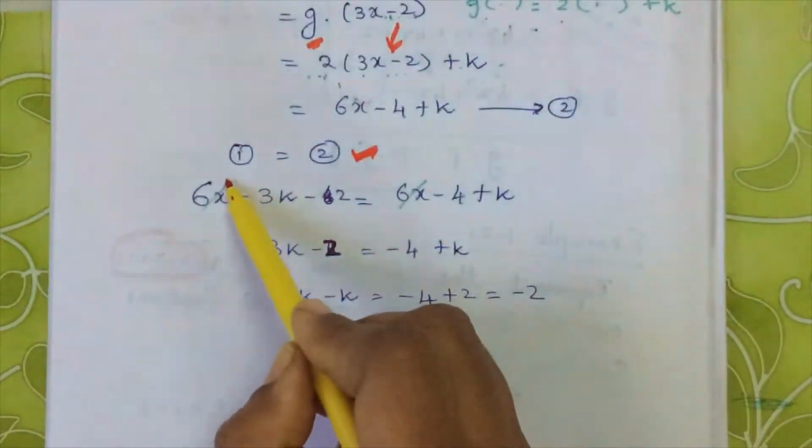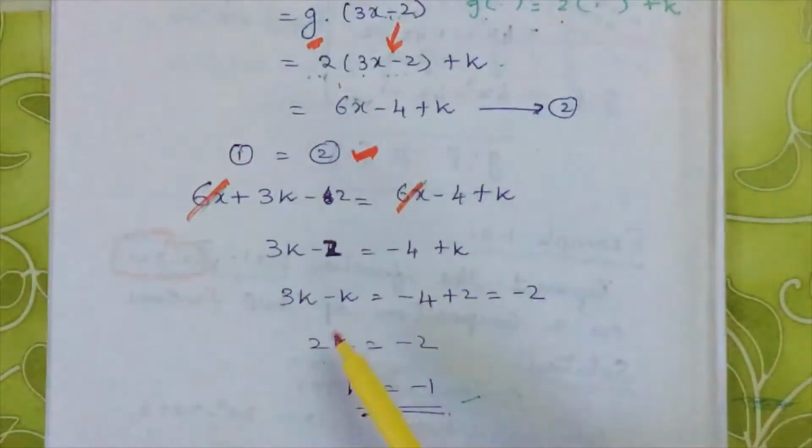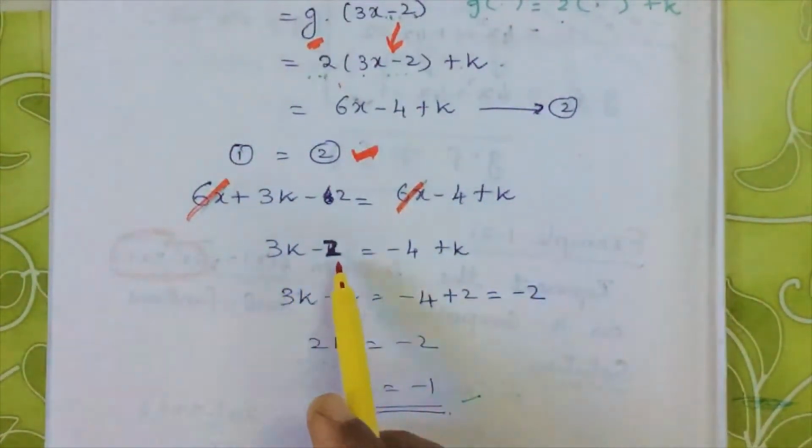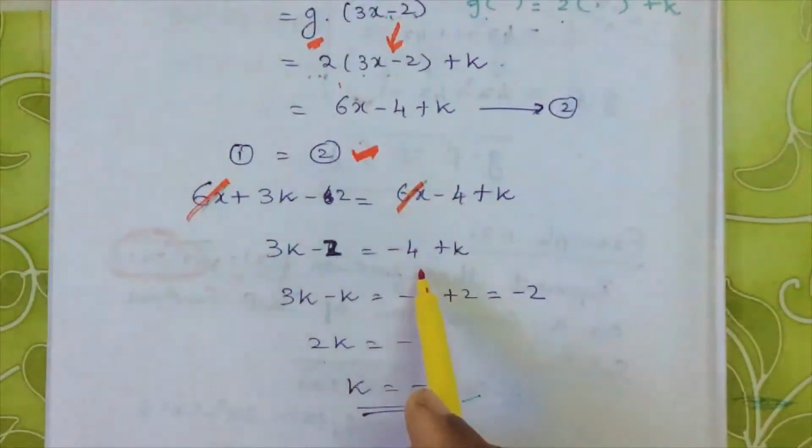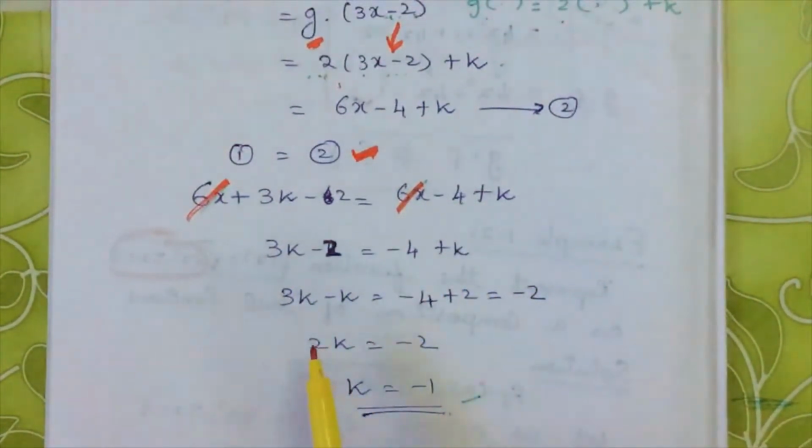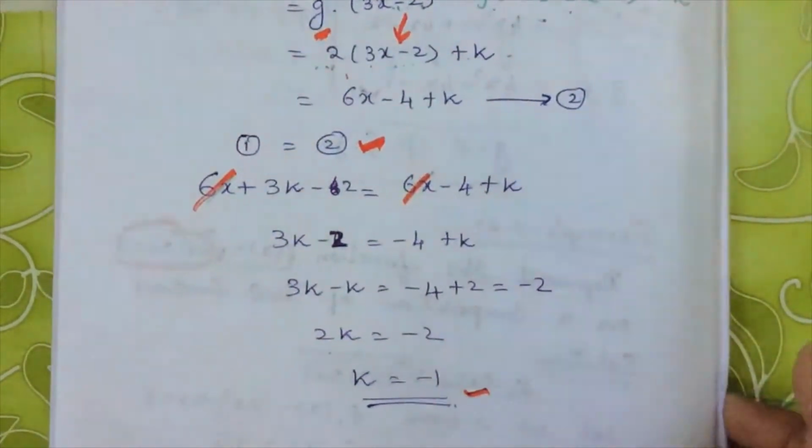So you cancel out your 6x on both sides. Remaining is 3k minus 2 is equal to minus 4 plus k, and then you bring all the k's to the left hand side and all the constant terms to the right hand side. Then 3k minus k is equal to minus 4 plus 2, that is minus 2. Therefore 2k is equal to minus 2, your k is minus 1. This is your answer.